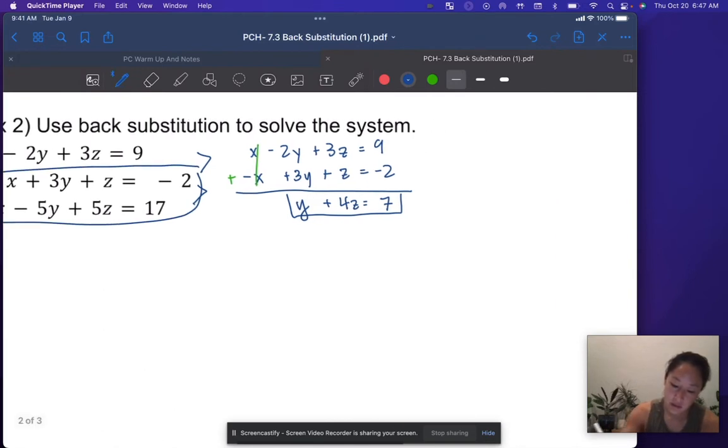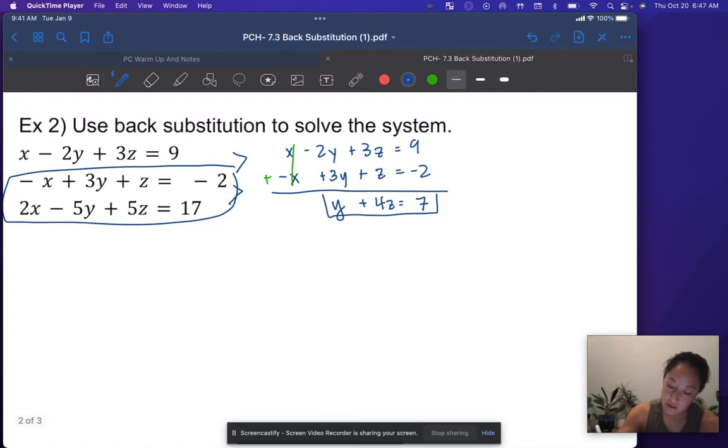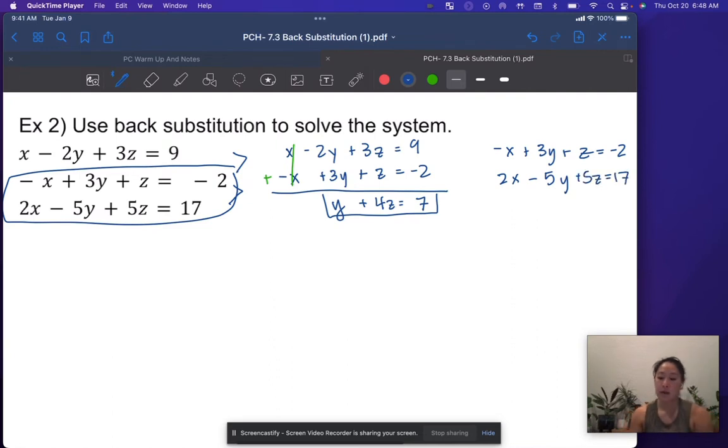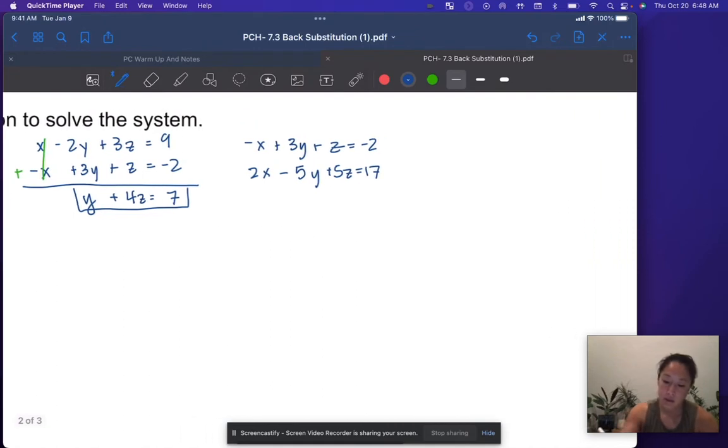And we're going to do the same thing. So negative x plus 3y plus z is equal to negative 2. And 2x minus 5y plus 5z is equal to 17. Now we want to eliminate the x. So to eliminate the x, I'm going to multiply the top equation by 2.